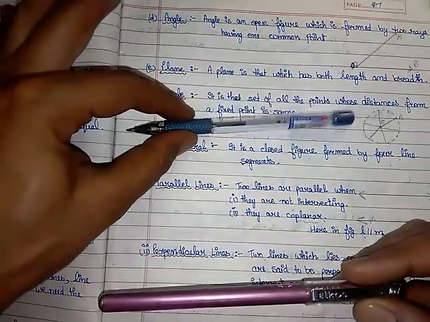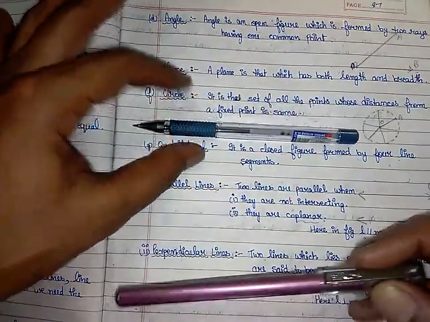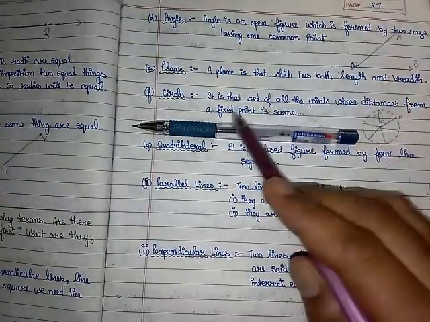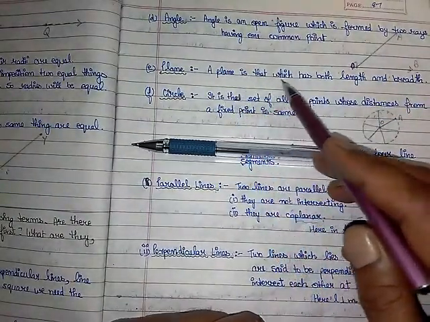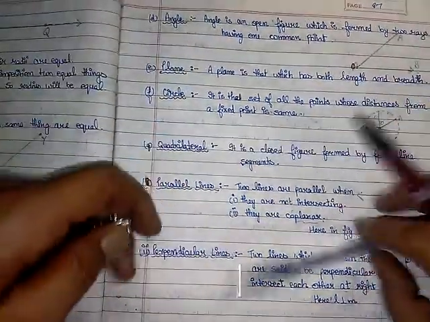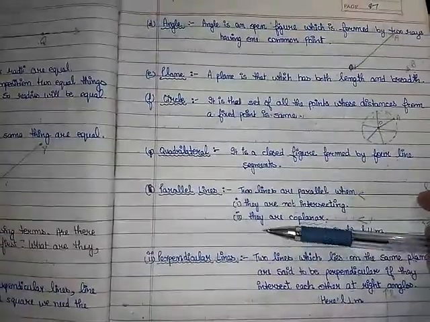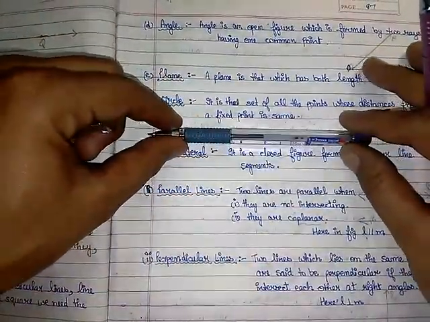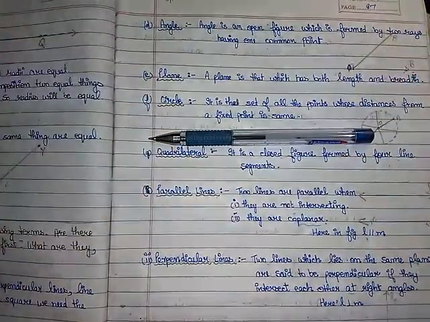Coplanar means this. Suppose one line is lying on this plane. Plane is what? You have already covered the definition, that a plane is that which has both length and breadth. So let us suppose this page is a plane. It has one length and one breadth. Suppose this line is placed over the plane. Clear?